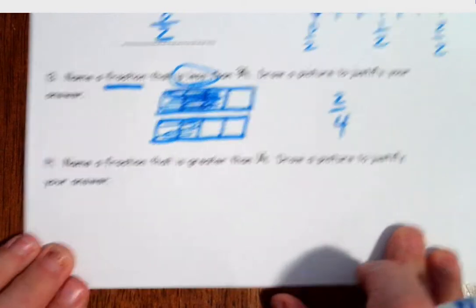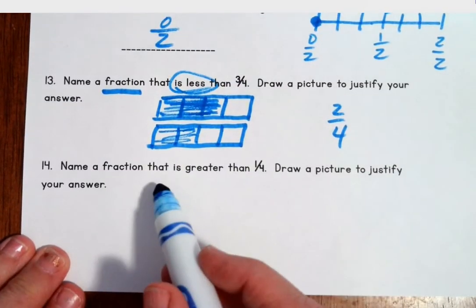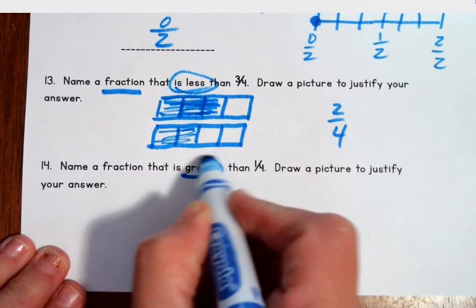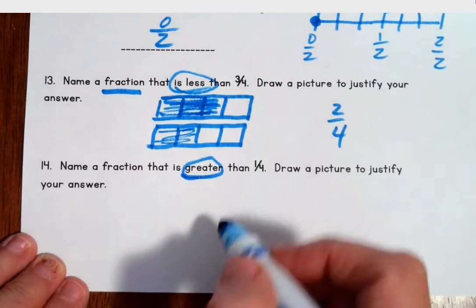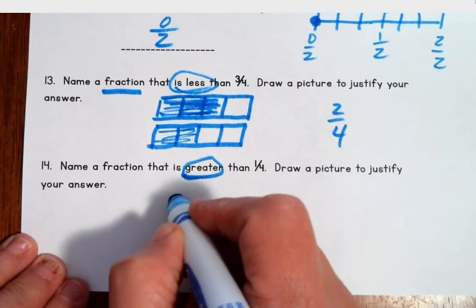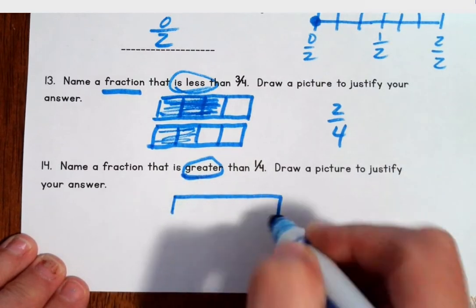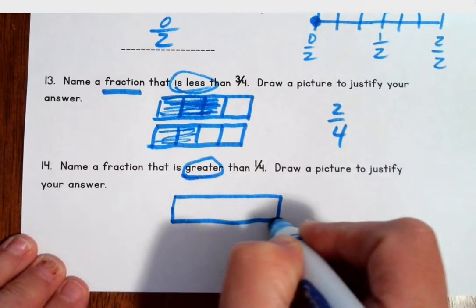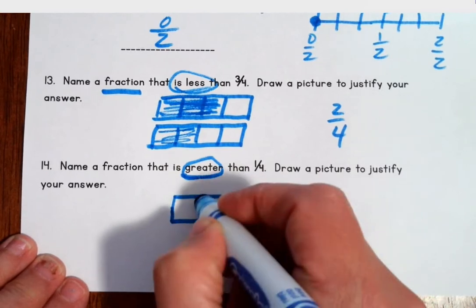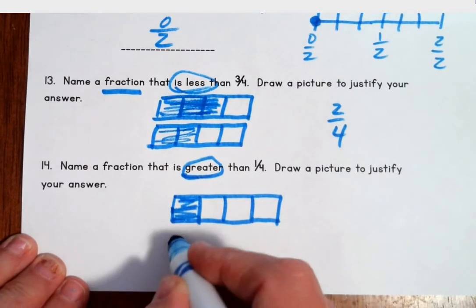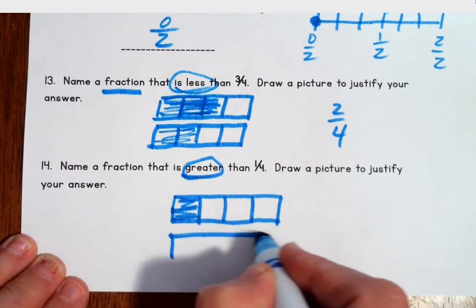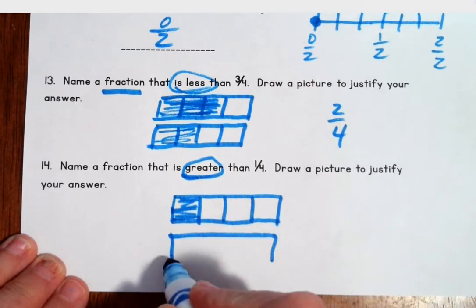Okay, next one. Name a fraction that is greater than 1/4. Draw a picture to justify. Same difference. So I'm going to make my rectangle. You can make a circle. I don't care. I'm going to make fourths, and I'm going to draw one of those fourths. I'm going to make a rectangle that is the same, or you can draw a circle that's the same. I don't care.